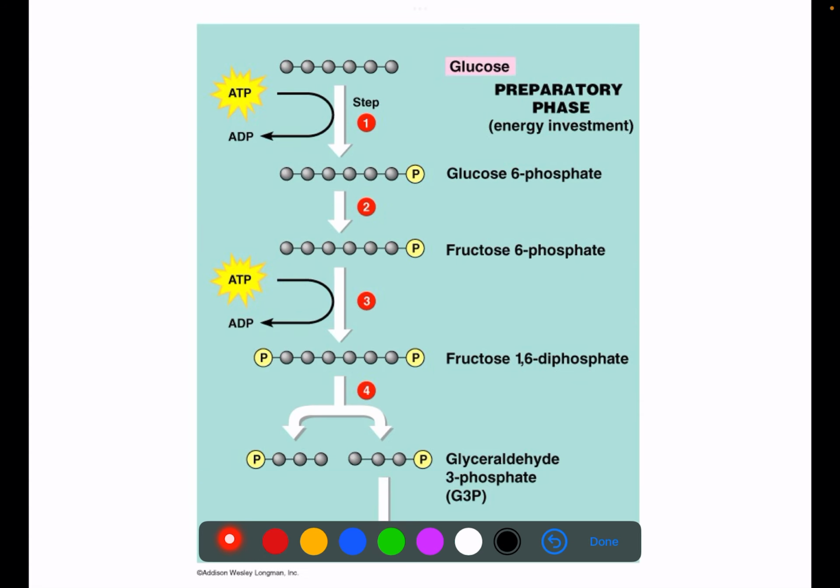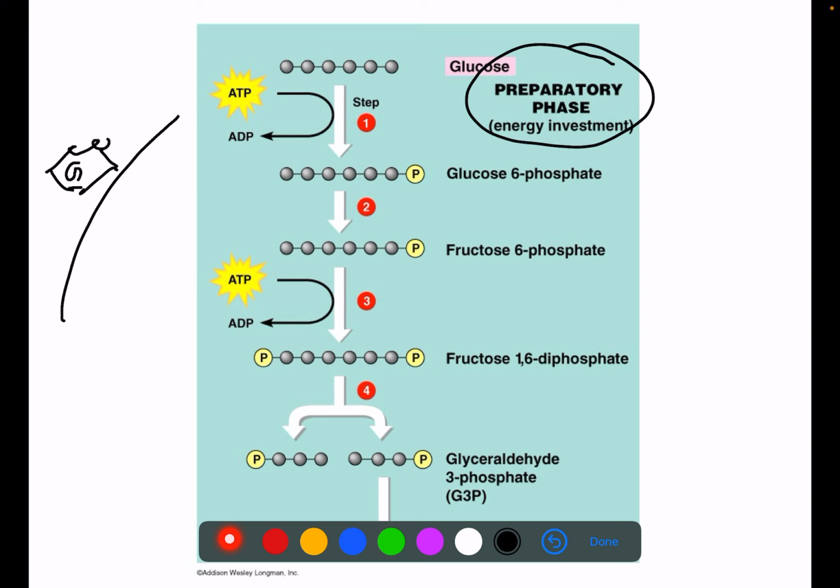All right, so first, there's the preparation phase. We eat glucose, so here's a cell. Here's glucose trying to come into our cell. And remember, glucose is an example of a monosaccharide. It is a macromolecule. And remember that cell membranes do not allow big things to go through.